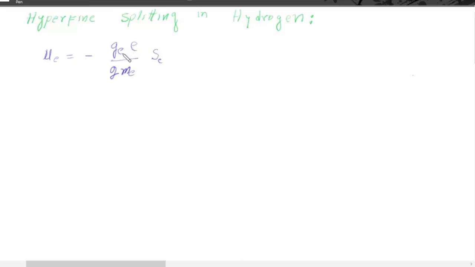because the electron is a negatively charged particle. Similarly, the proton, like the electron, has a magnetic dipole because it is a charged particle: mu_p = g_p e/(2m_p) S_p. This is the mass of the proton and also the spin of the proton.